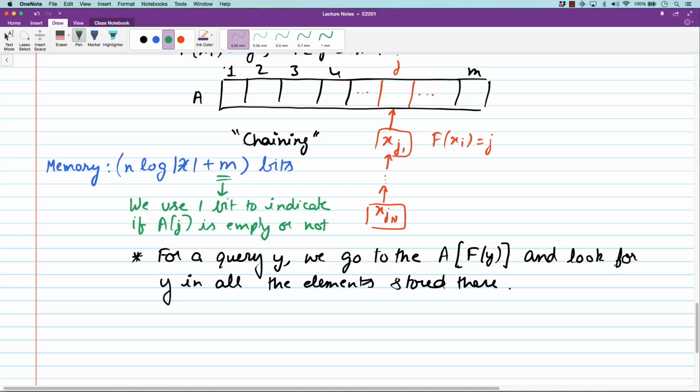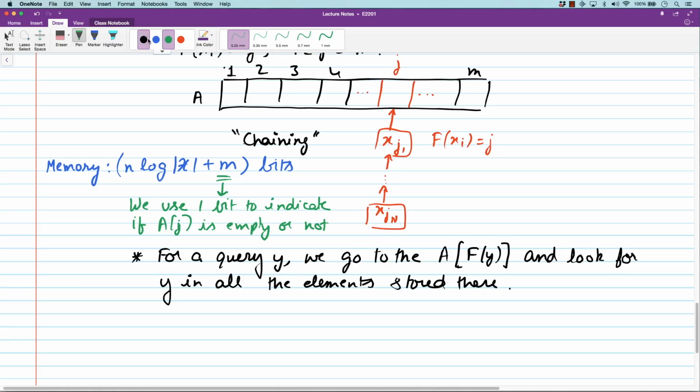Also, what is the computational complexity? Note that the worst case search complexity for this randomized algorithm depends on this function f. It depends on the longest chain that you have. That's the worst case complexity.